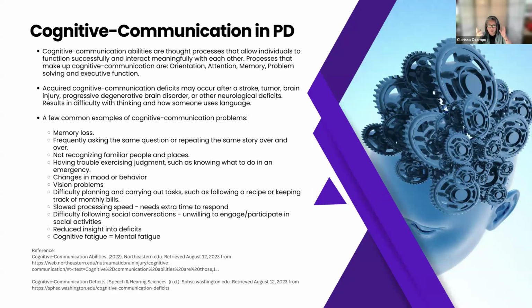They need a little bit more time to process the information, to think about what they're going to say before they can even say it. But remember, because the muscular component of things are slowing down, sometimes it's actually also difficult to initiate the actual act of speaking. So all of these symptoms sort of look like, oh, this person has cognitive issues or this person has dementia. Not necessarily. It's basically Parkinson's related.